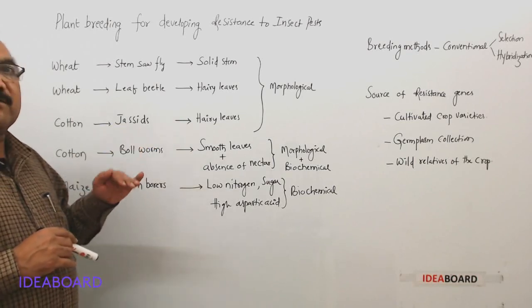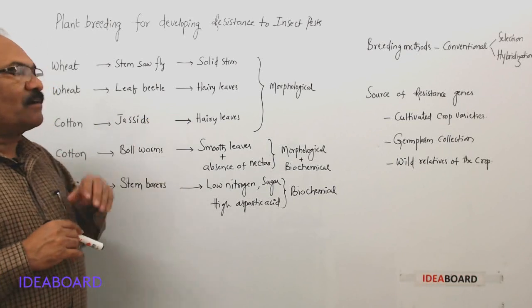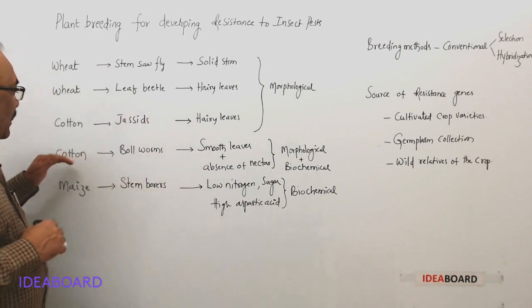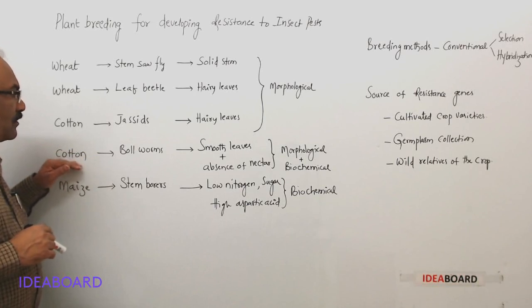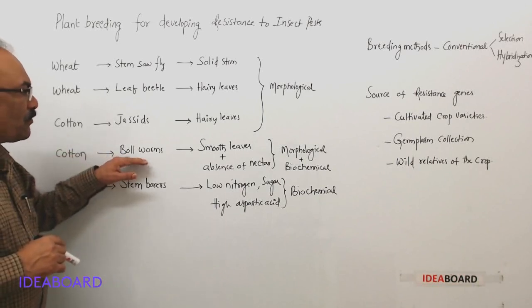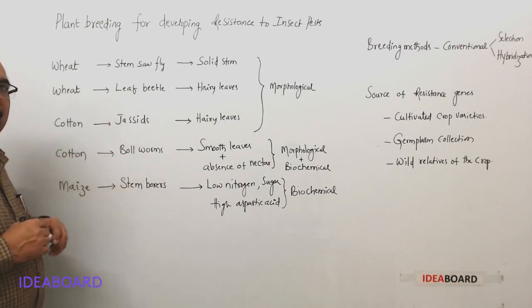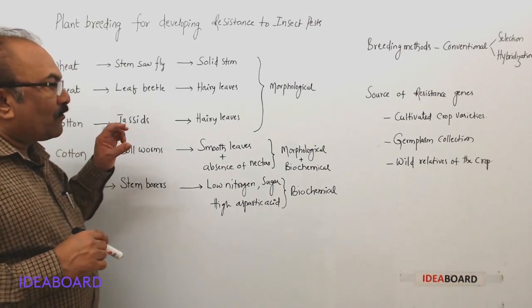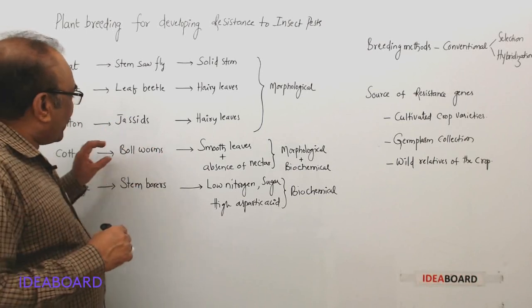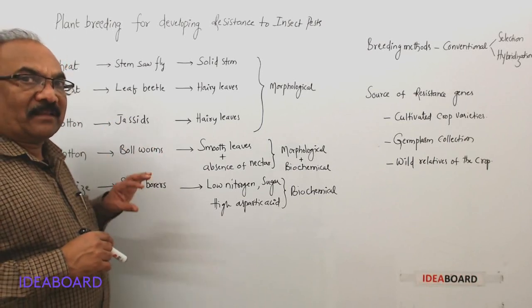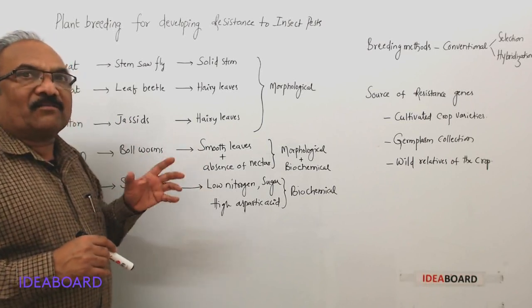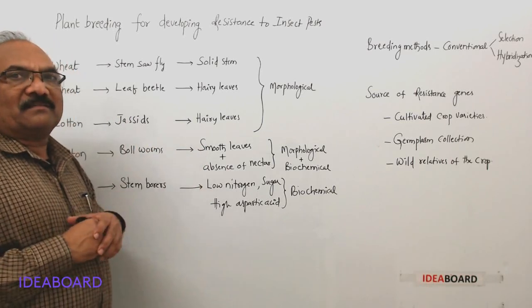So when the leaves have hairs, the pests are not visiting such varieties. Like that, in cotton the bollworms also attack, but they will not attack varieties of cotton with smooth leaves or where nectar is absent in the flowers.